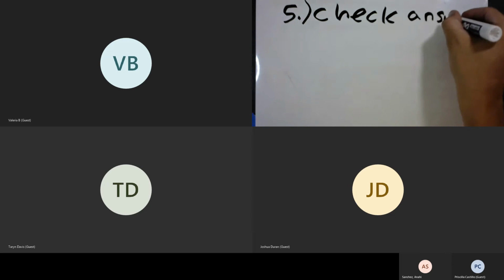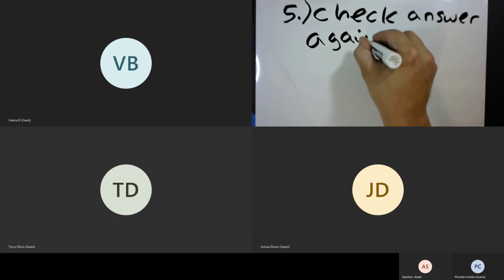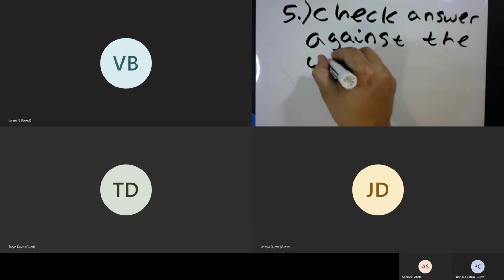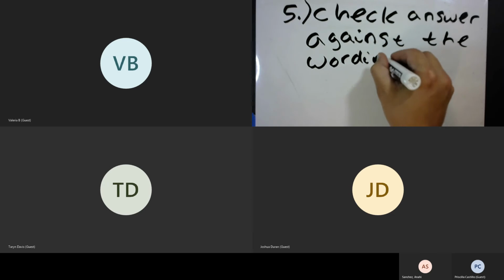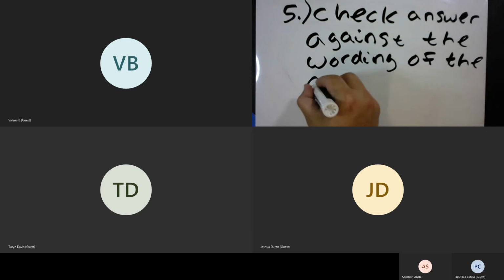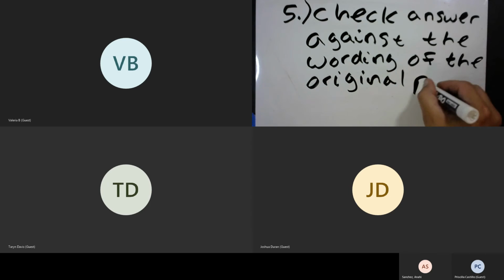And the way we're going to do this is we check it against the wording of the original problem. Abbreviate problem there. We'll check the answer against the wording of the original problem and see if it makes sense.